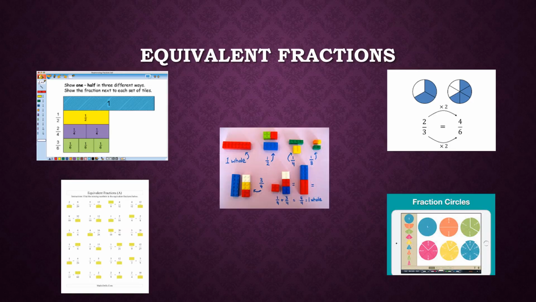And there we teach our students that whatever you do to the top, you do to the bottom, or whatever you do to the bottom, you do to the top, so that we can get those equivalent fractions. Eventually, we can go into teaching them to cross multiply, but again, that is just a shortcut, and if they don't understand this concept of the fractions being equivalent, learning to cross multiply is just going to mess them up in the future.